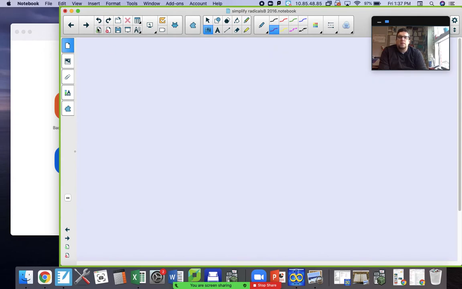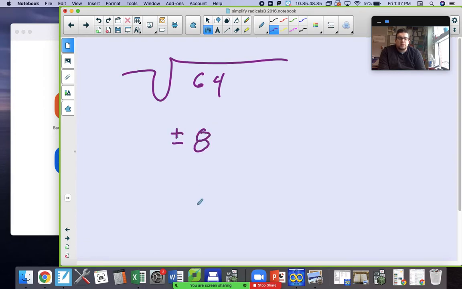So when we have perfect square roots, such as the square root of 64, we just write our answer as plus or minus 8. But when we have non-perfect square roots, such as 90, it's not a perfect whole number.